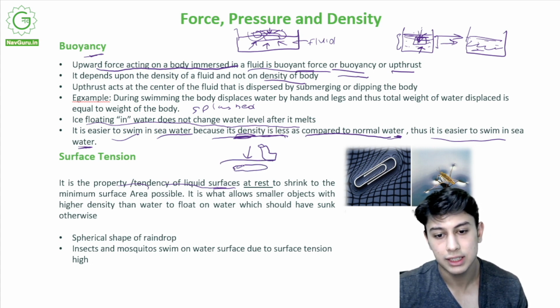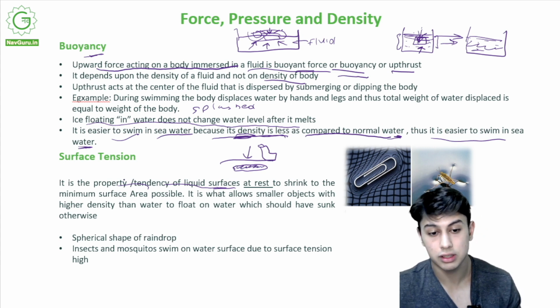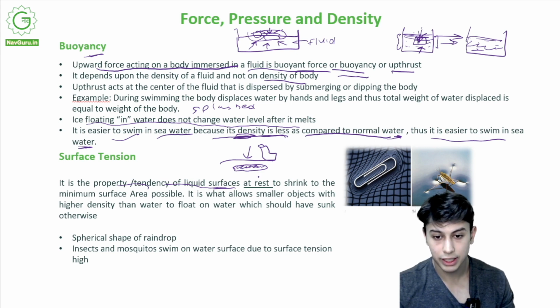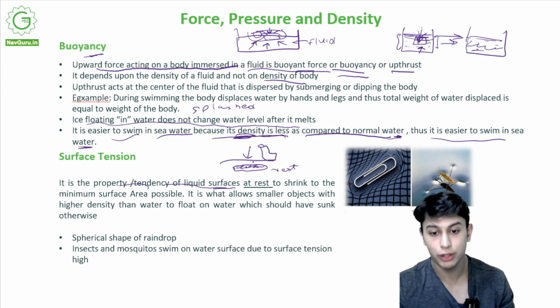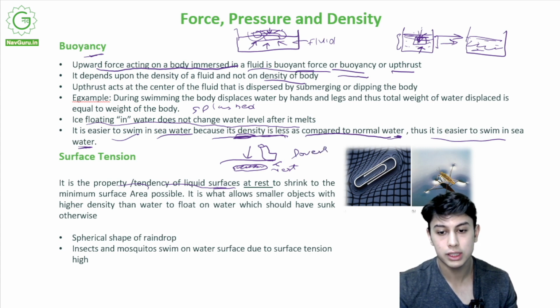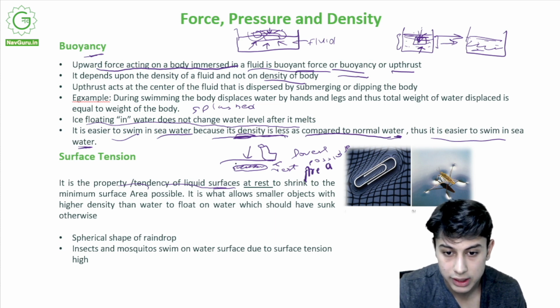The property of liquids is that once the liquid is at a state of rest, stationary and not moving, and has spread over a surface, it will take the lowest possible area on this surface.